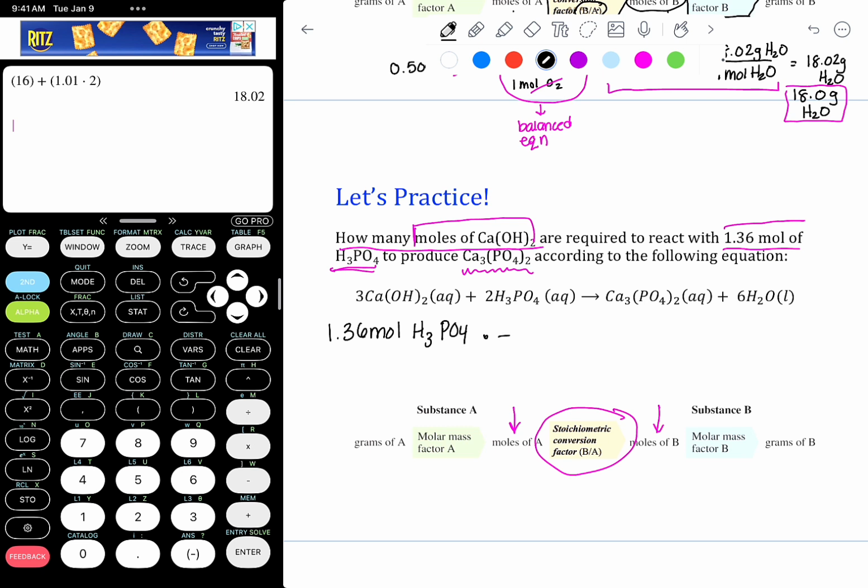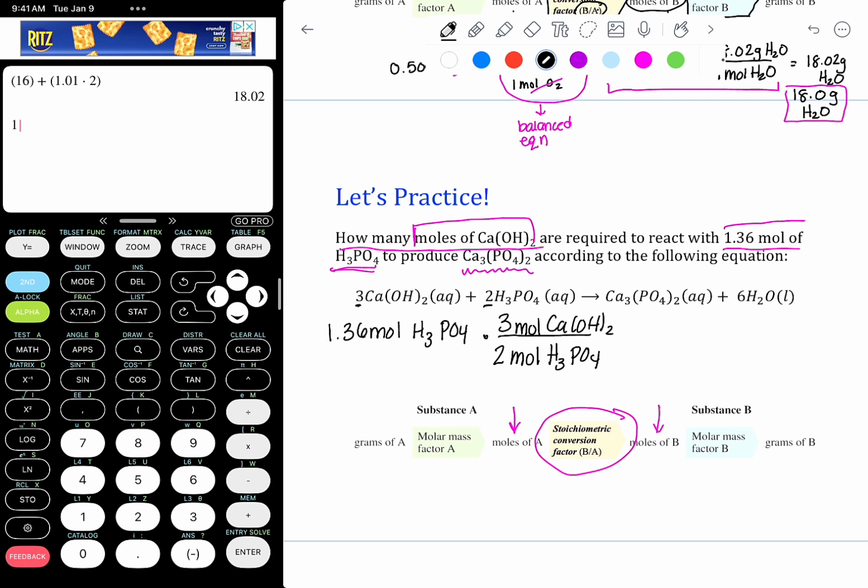I'm then going to set up my conversion factor to cancel out moles of H3PO4, so I'm left with moles of CaOH2. So my coefficient in front of H3PO4 is 2, so I'm going to do 2 moles of H3PO4. And the coefficient out in front of my CaOH2 is 3. So we have 3 moles of CaOH2.